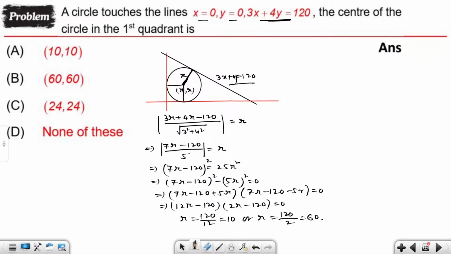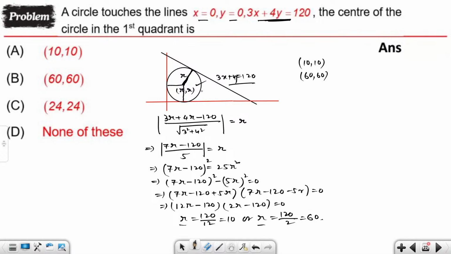Therefore, the center of this circle will be at either 10, 10, or it can be at 60, 60, because two values of r we are getting. And we can easily see from the diagram also that fulfilling this condition, that it is touching the x and y axis as well as this line, we are going to have two such circles.